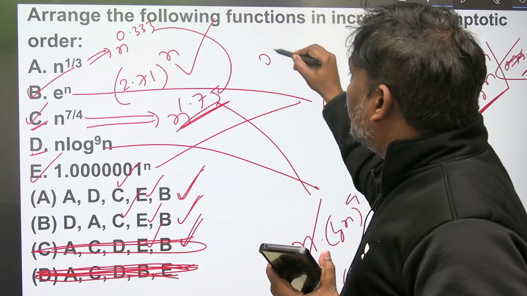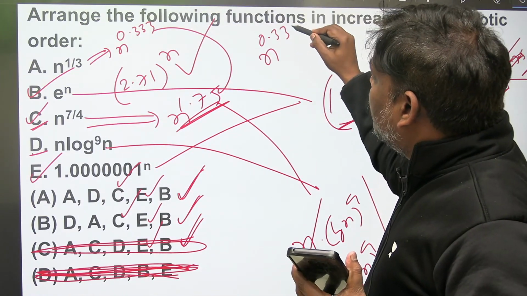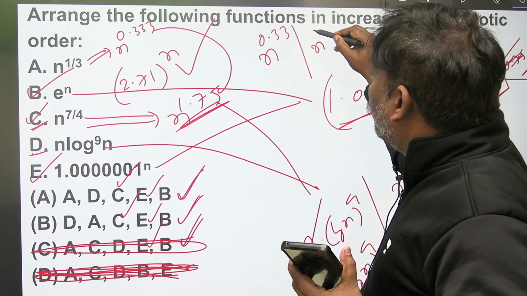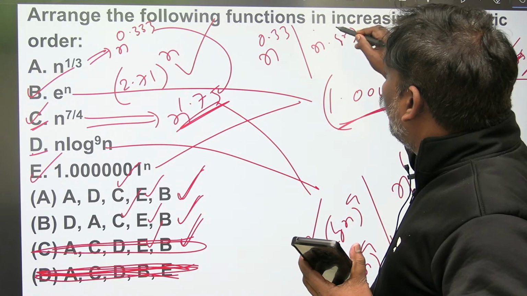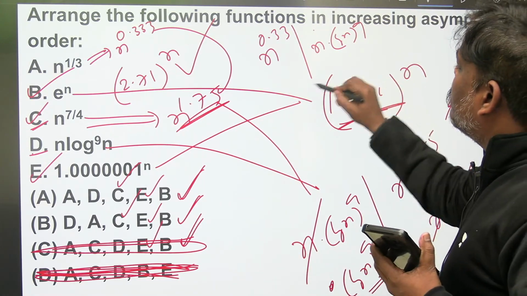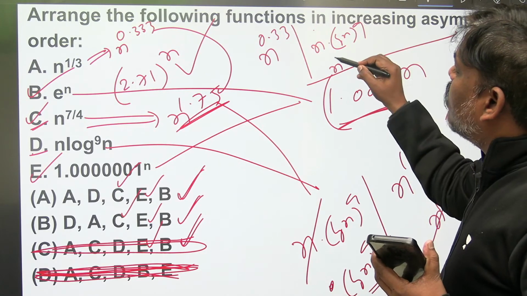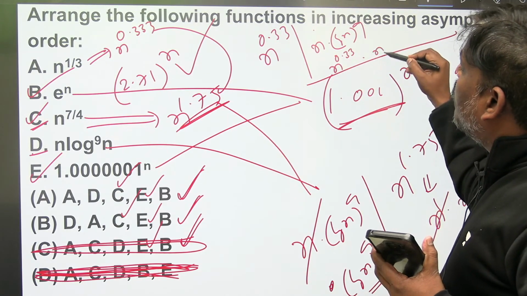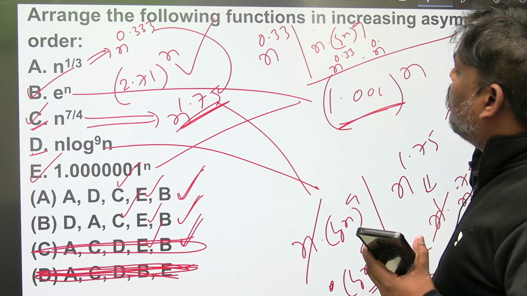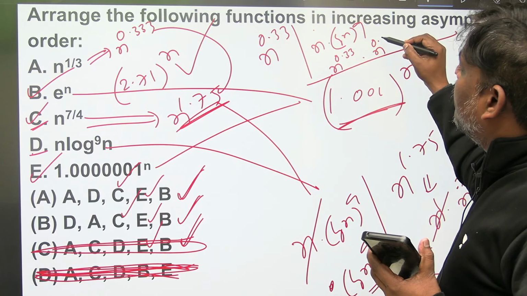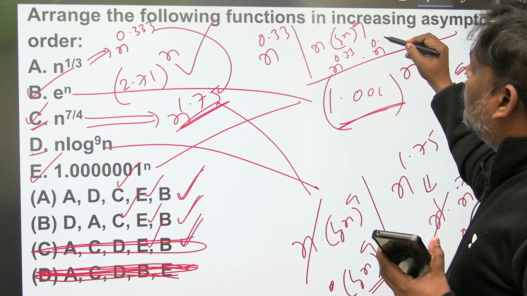A is n power 0.33, and D is going to be n into log n whole power 9. Who is bigger? I think this is very simple. This n can be written as n power 0.33 into n power 0.67.